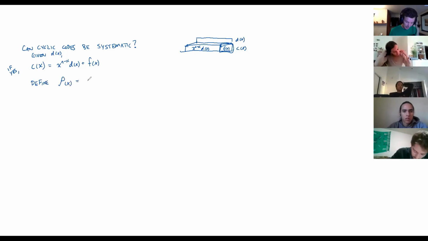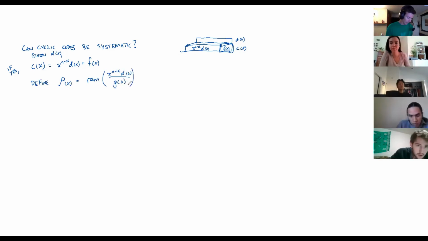Rho of x is defined as the remainder when I take x to the n minus k, multiply by d of x, and then divide by the generator. We're going to have a lot of these operations like rem: do a division, and I don't care about the quotient. All I care about is the remainder.